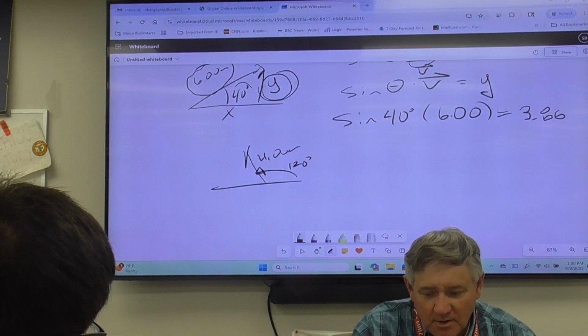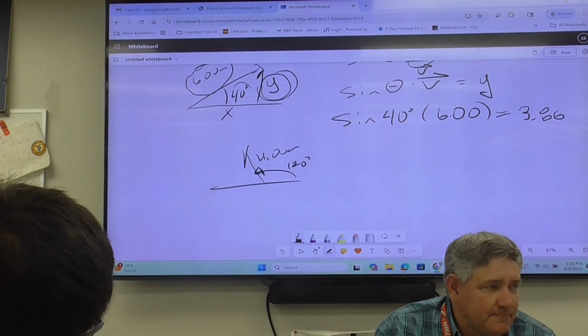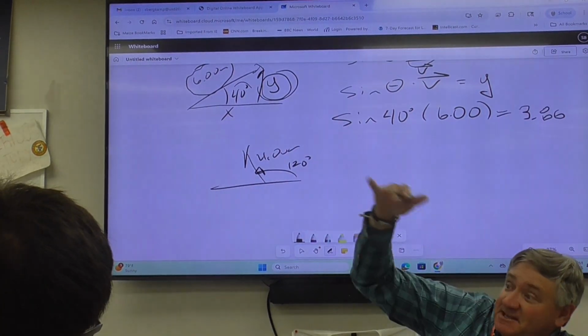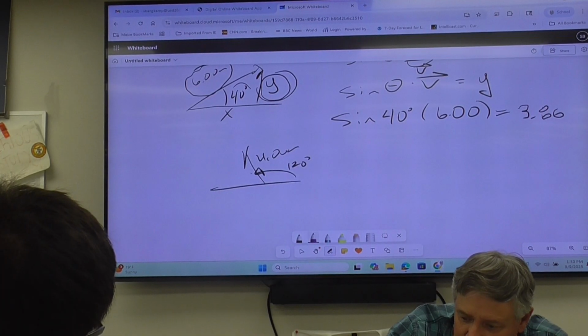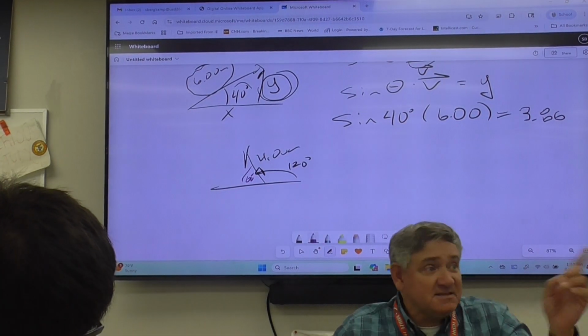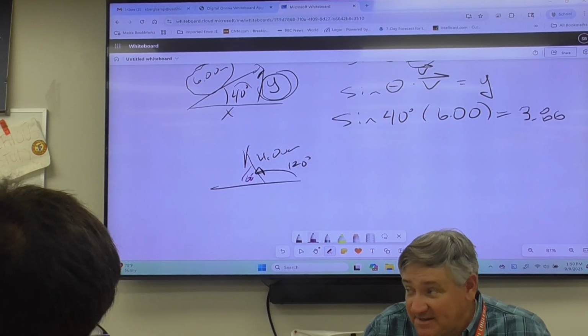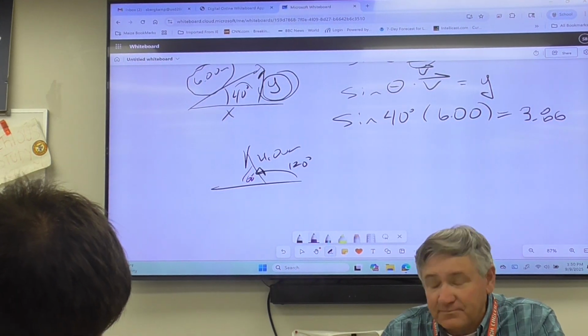But what could I do if that went to 120? Multiply by 2. It goes up to 180. 180 is the whole thing. So that means this angle in here is, now, 60 degrees I could look up, okay? I could find sine, cosine of 60. Could not find 120.